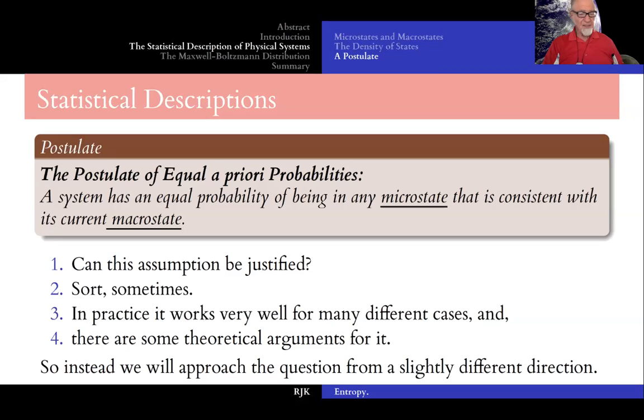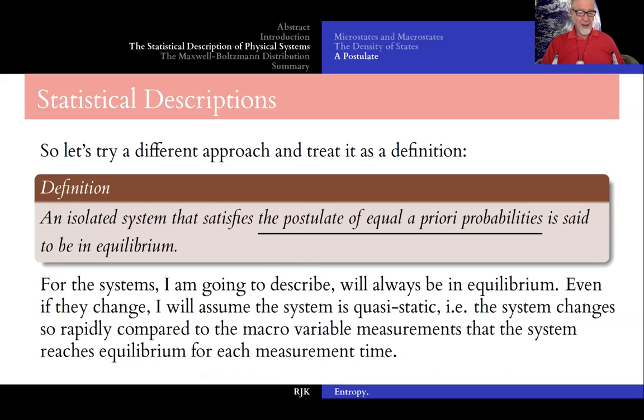Well, that's why I said, sort of, sometimes. There are many cases where it doesn't, but for the ones we're going to be dealing with, yeah, this is the way we're going to deal with it. Okay, yeah, because we're always going to be quasi-static, in equilibrium, all these things happening all the time.